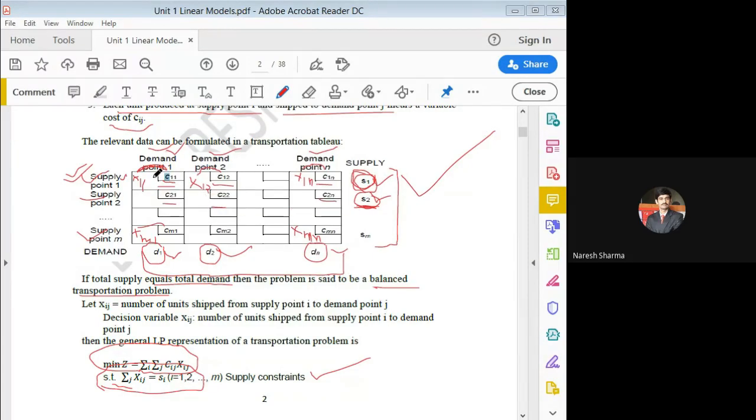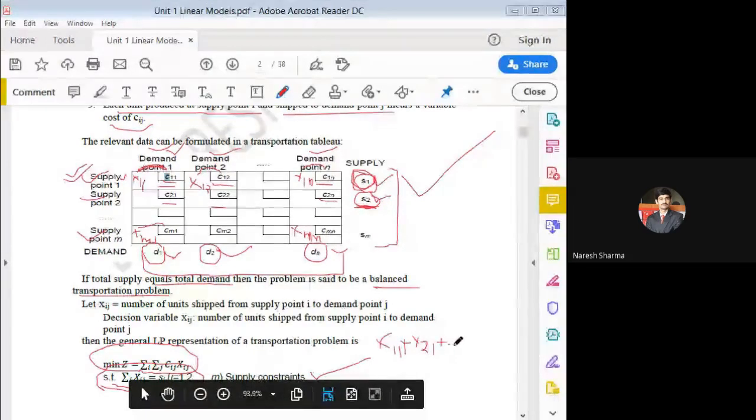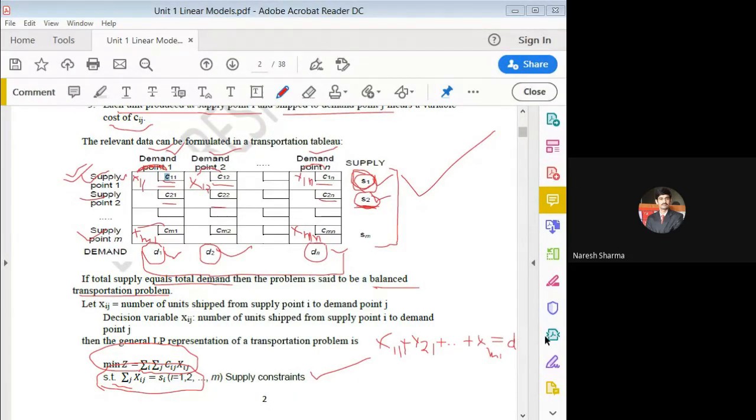So column-wise, x11 plus x21 and so on, plus xm1 is equal to the total demand of this first point, that is D1.